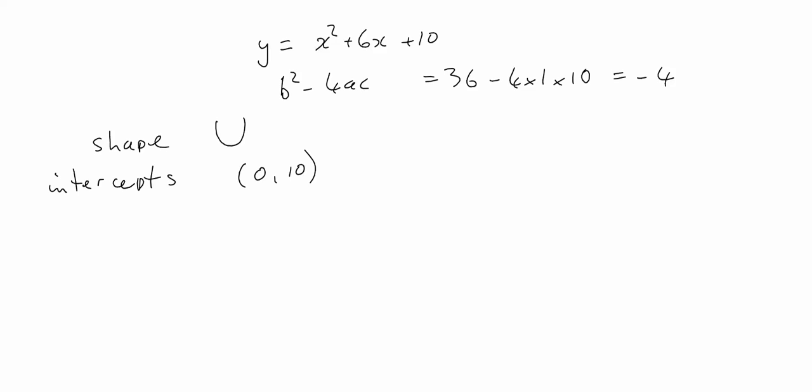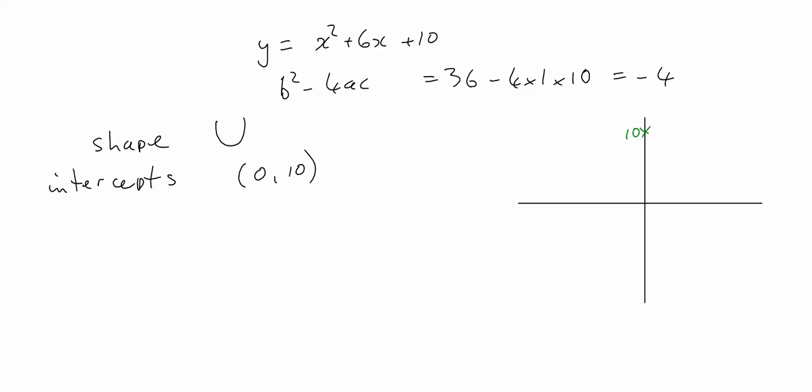So we want to sketch the graph, sketch the function. We know that it goes through a point up here, 10, and we know it doesn't cross the x-axis. We know that it's a U shape. It has a minimum point, but we don't know where that minimum is. We don't know whether it looks like this or it looks like this. So that's what we shall find out.